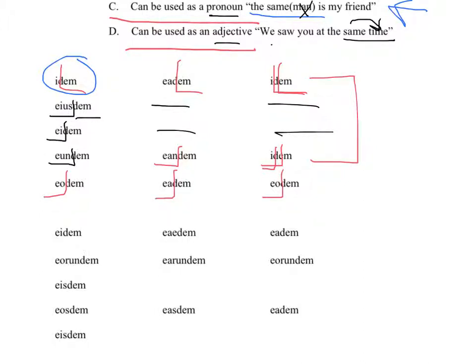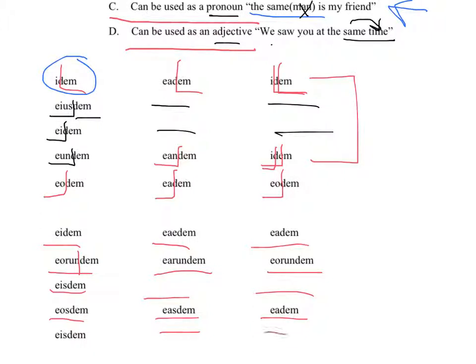The -dem never changes. The is, ea, id part does change. And just remember, it's not exactly the same as is, ea, id. Eadem, easdem, eorundem. There's the n again. If it were is, ea, id, it'd be eorum with an m. Eorum and eorundem. Eisdem, eisdem, eisdem. Eosdem, easdem, eadem. And eisdem, eisdem, eisdem.